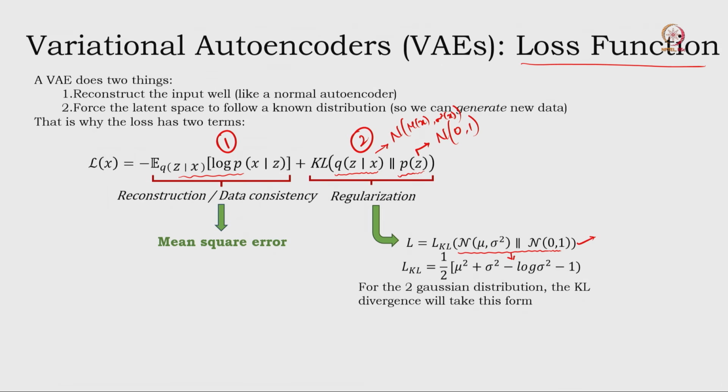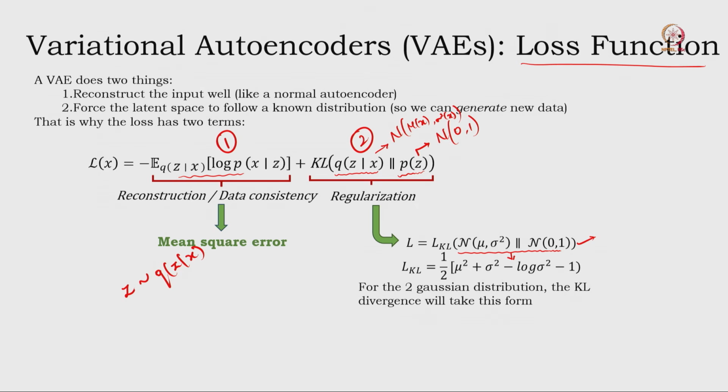What exactly is the problem in VAE? Look at the overall loss function. We have Z, and Z is sampled from this, as we have already seen in our previous session.